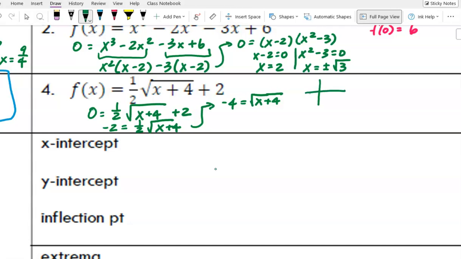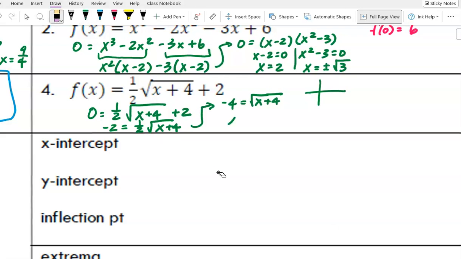There has not been a reflection over the x-axis. In order for the square root of x plus 4 to produce a negative 4, and the dilation multiplication is not going to affect this at all, I realized that a square root cannot equal a negative 4. So that means that it doesn't have an x-intercept.